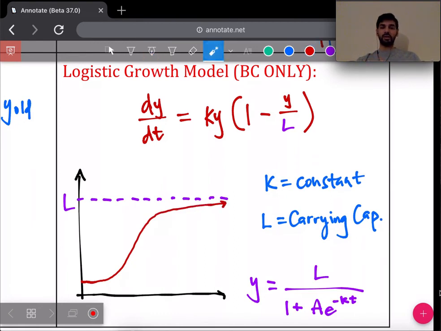The carrying capacity usually has to do with population of some species, or bacteria that's growing, something like that. And the carrying capacity is the threshold that that environment can hold at most. So this is the logistical growth model, and L is the carrying capacity. It's associated with whatever this value is here, or whatever this guy is down in this denominator right here.